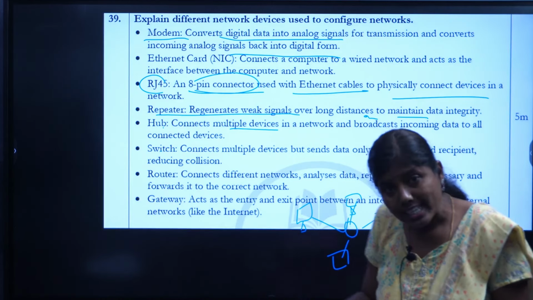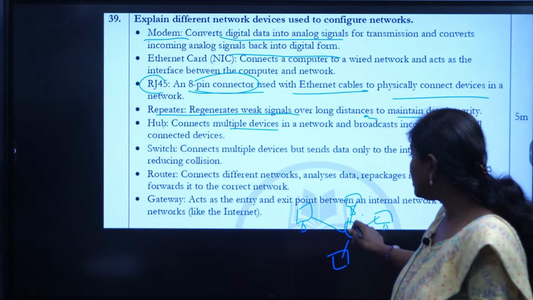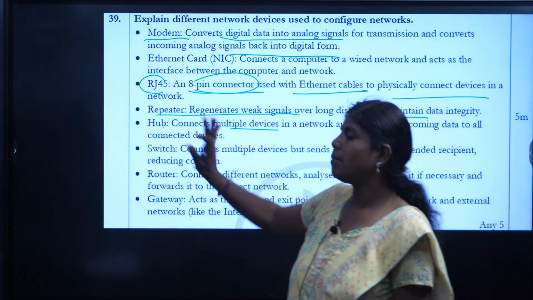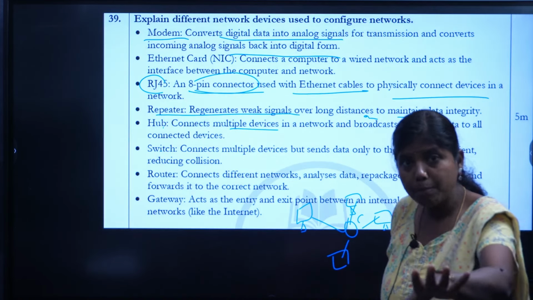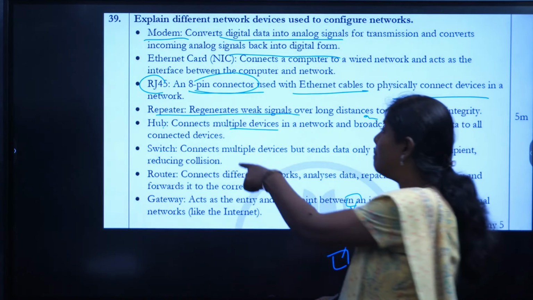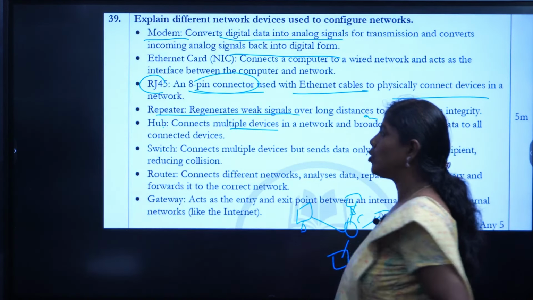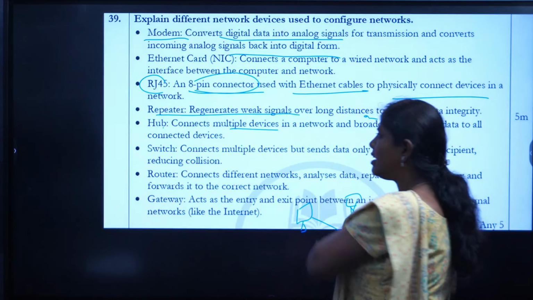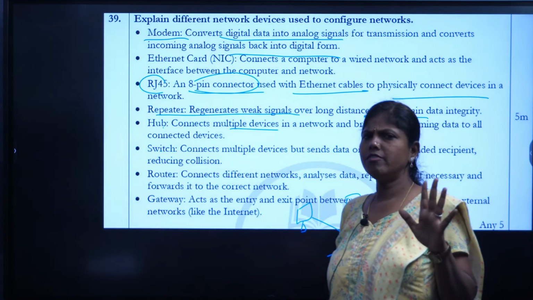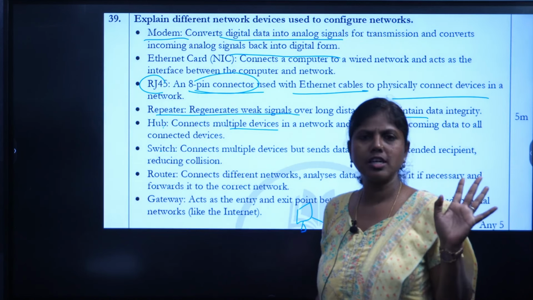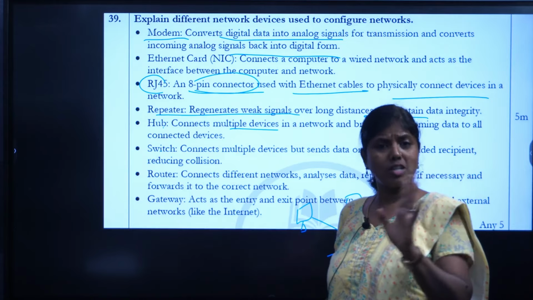This central device C can be a hub or a switch. What are they doing? A hub is a central device that connects multiple devices in a network. Then what is the difference? A hub is a device wherein it broadcasts. Not TV broadcasting or radio broadcasting.